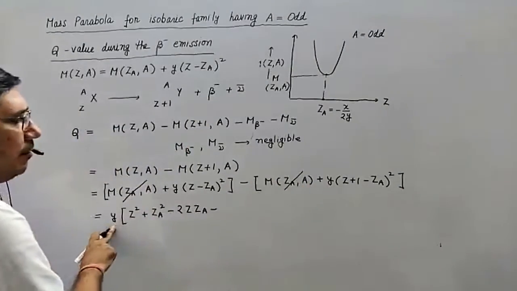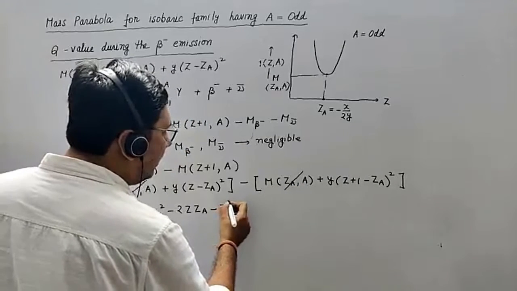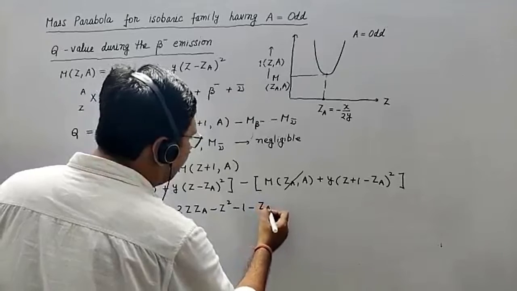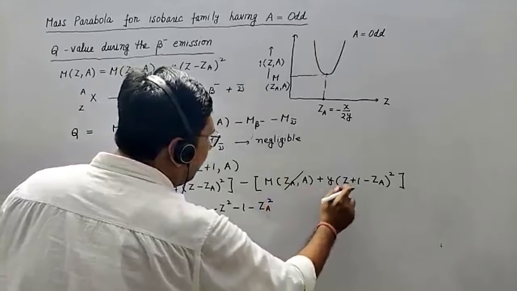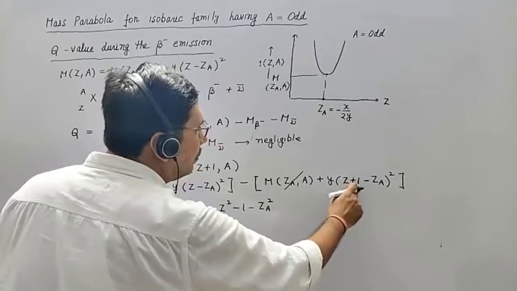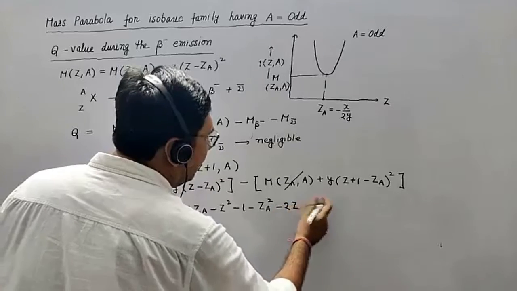Y is common, we have already taken it common. Now the square of this term will become Z square plus 1 plus ZA square, then 2Z with a minus sign, so minus 2Z ZA, and minus 2Z.